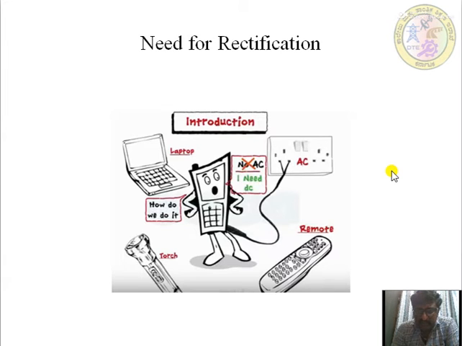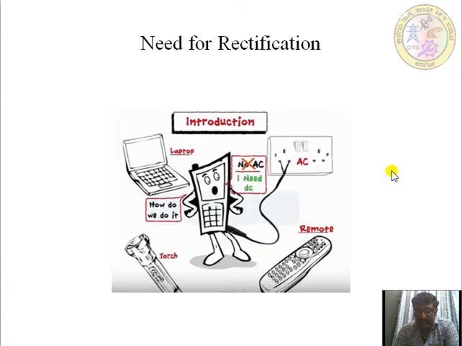Rectification means what? In general, the current we get is AC, that is alternating current. But the electronic devices we use, it might be your laptops, mobiles, remote, torch, music system or television, require converted AC voltage to DC voltage.